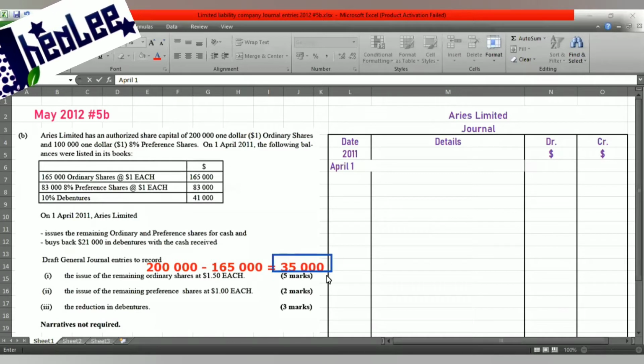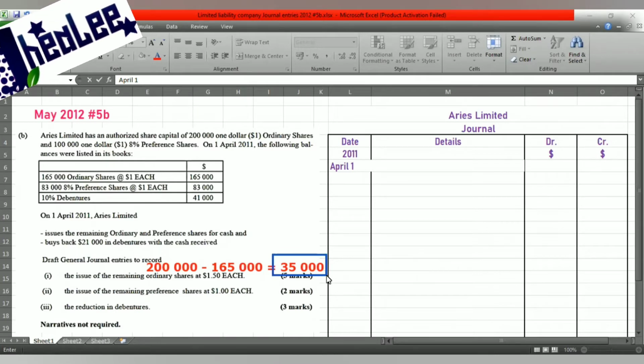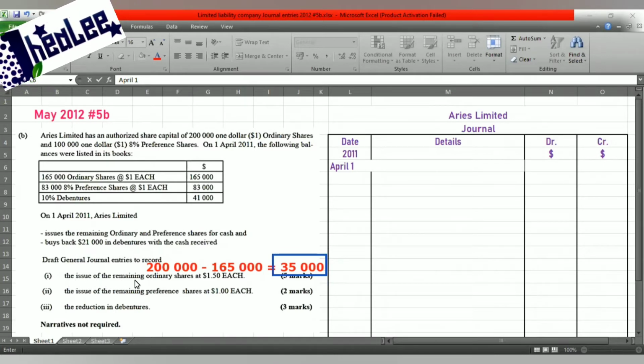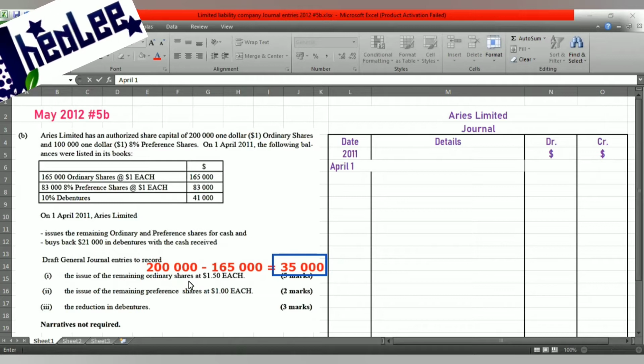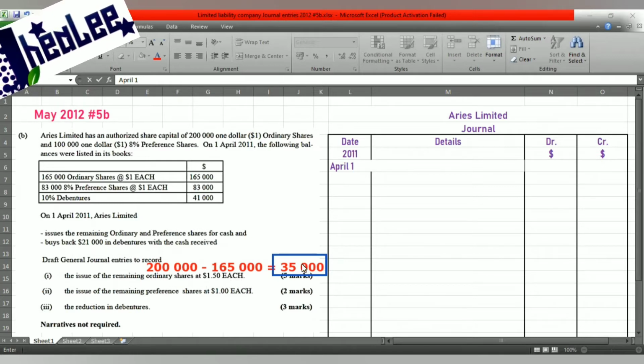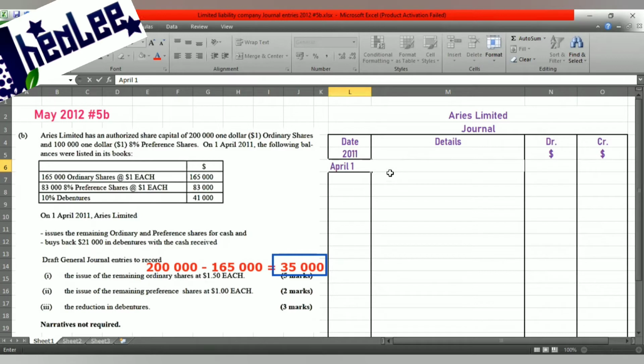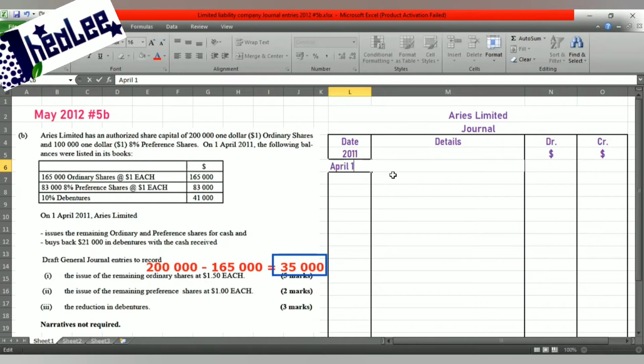This 35,000 ordinary shares are what you are selling when it states the remaining. You are to issue the remaining ordinary shares at $1.50 each. So we're now going to make our recording in the general journal.